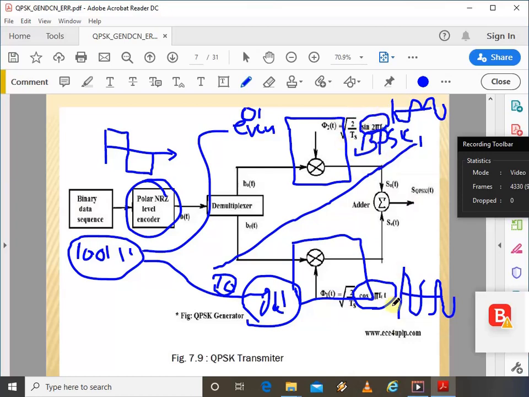The output of the lower arm is another BPSK signal. When you combine these two, the result will be a QPSK signal. The resultant QPSK signal will not contain more than one signal. It contains only one carrier with different phases. This is how we generate the QPSK signal.